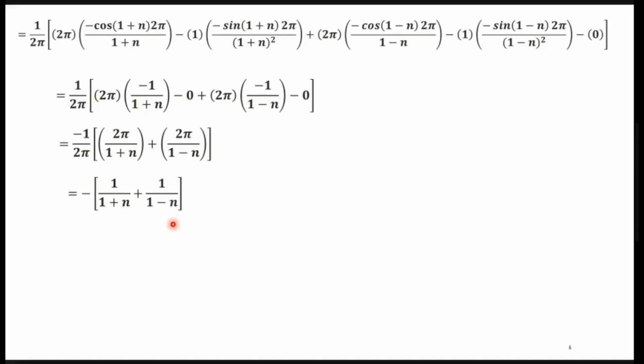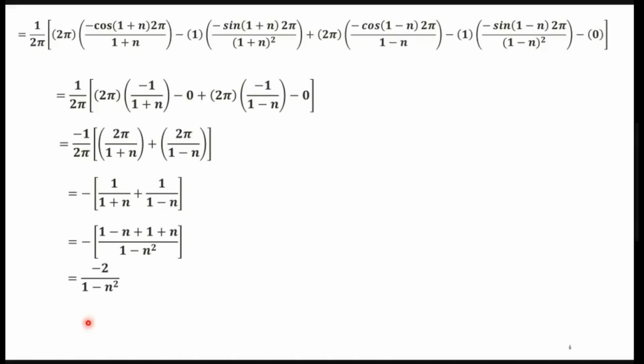Then cross multiply. Simplifying this, so 1 minus n plus 1 plus n upon 1 minus n square. N and n will get cancelled. I can write this as -2 upon 1 minus n square. Now I told you, n takes the values from 1, 2, 3, 4.